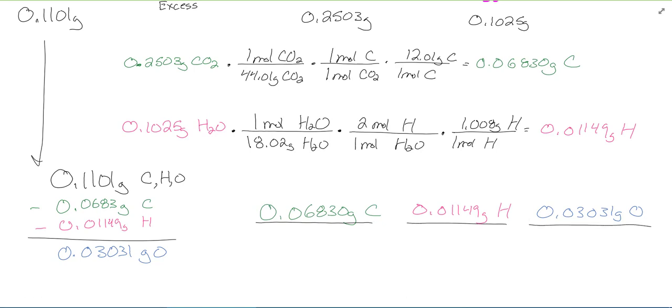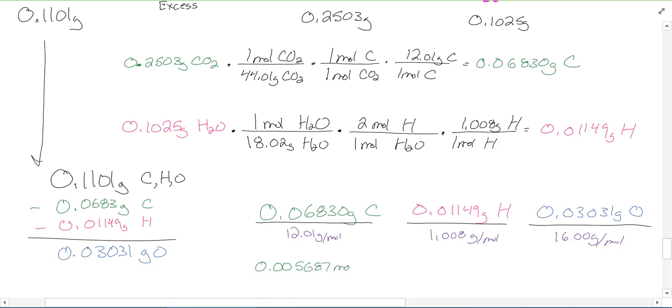The molar mass of carbon is 12.01 grams per mole, hydrogen 1.008 grams per mole, and oxygen 16.00 grams per mole. For carbon, I get 0.005687 moles of C. For hydrogen, I believe I get 0.1138 moles.